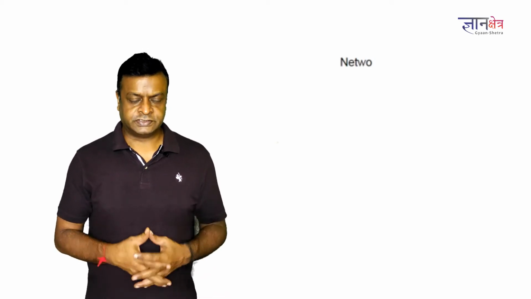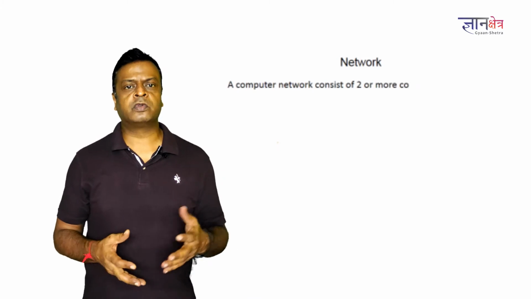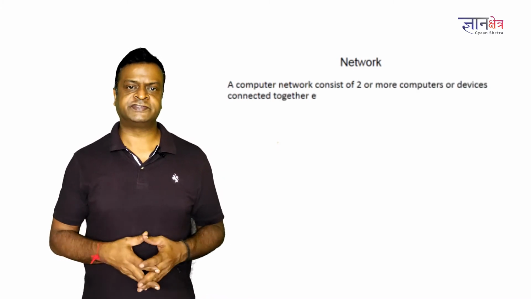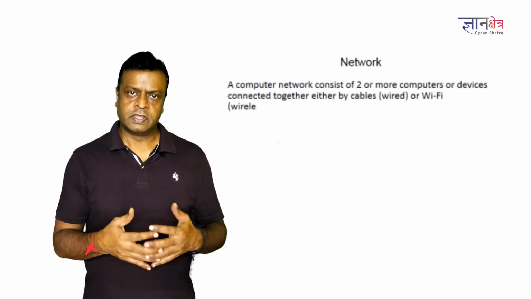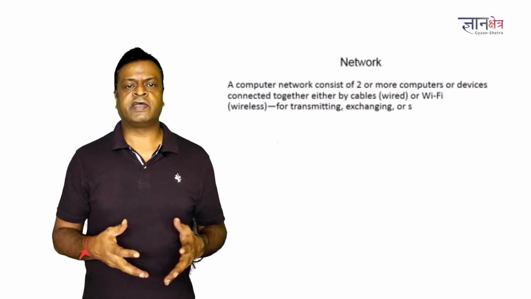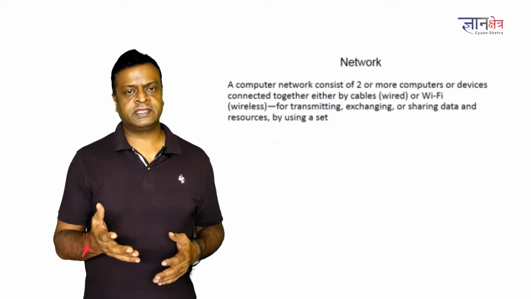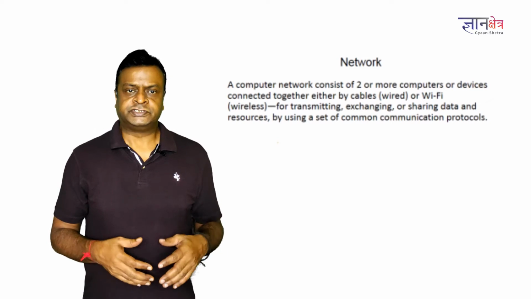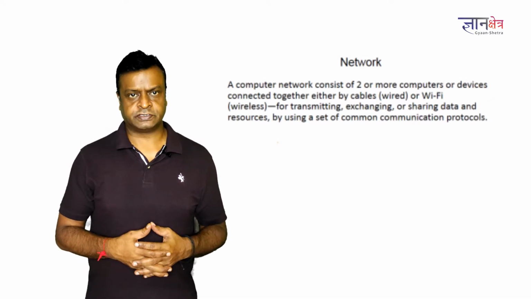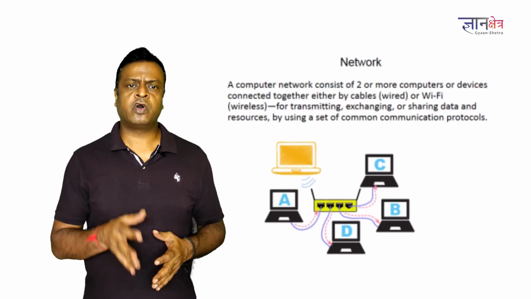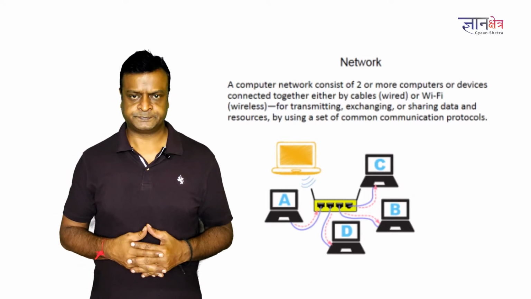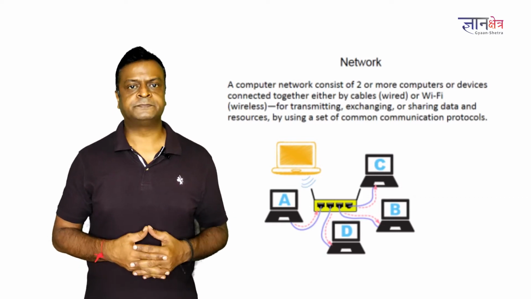So let's describe this. A computer network consists of two or more computers or network devices connected together via cable or Wi-Fi for transmitting data and sharing resources with each other by using a set of common communication protocols. That is called a network.